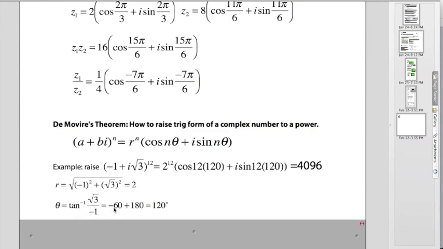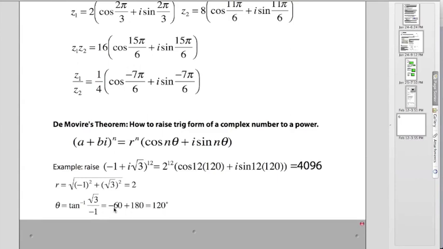But whoa, where did the 180 come from? Remember, whenever your x value, or in this case my a, is negative, you absolutely, without fail, must add 180. Okay, go back to your notes about what we talked about with the tan inverse and how you found angles with that.